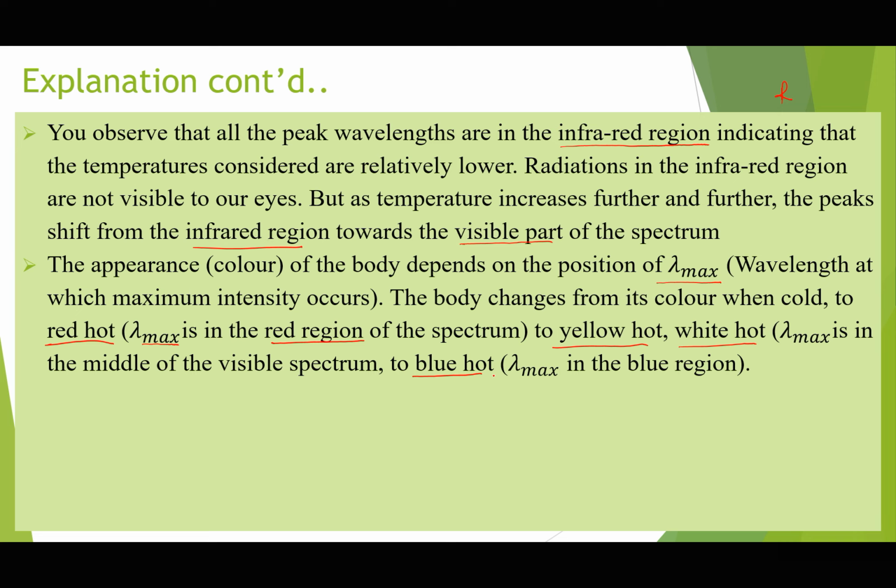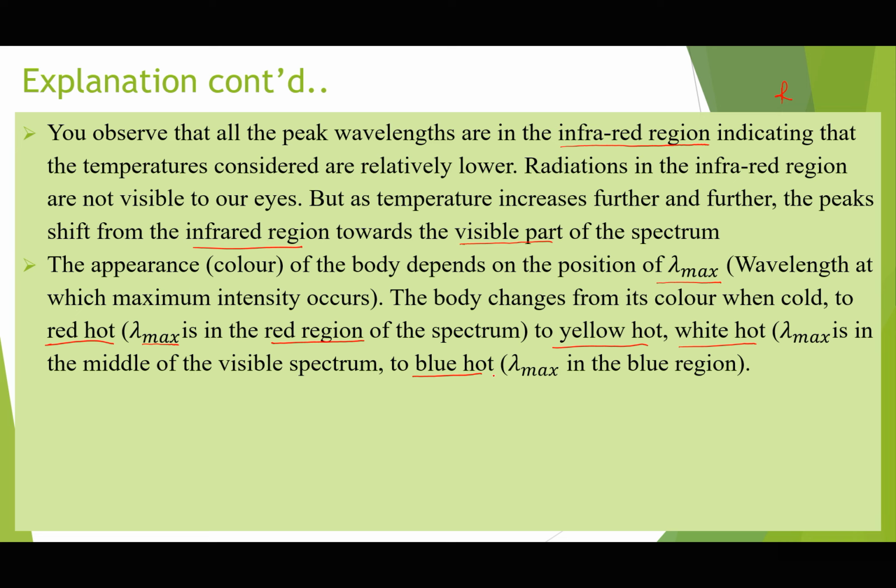That's why when you start heating, you will see the object becoming red hot, yellow hot, white hot, and maybe blue, because the wavelength at which maximum intensity occurs continues decreasing as the temperature increases.